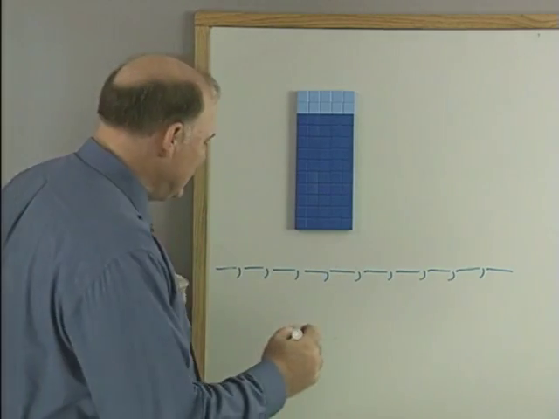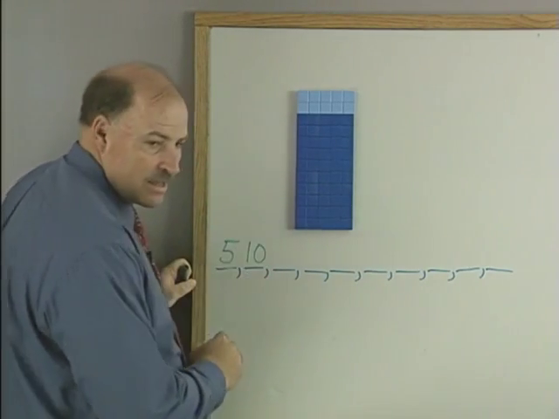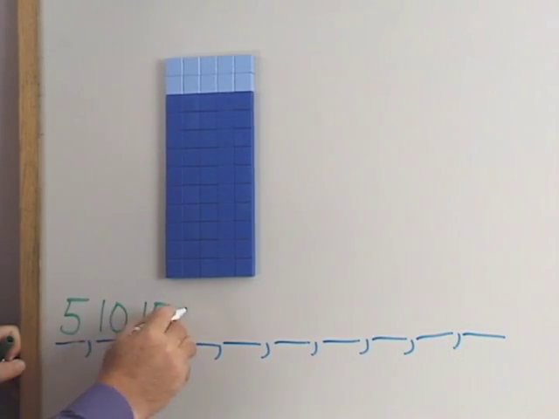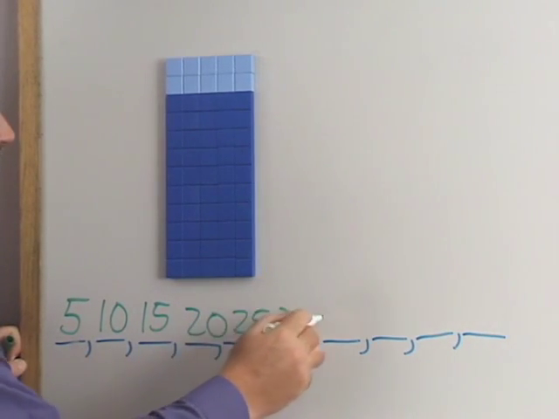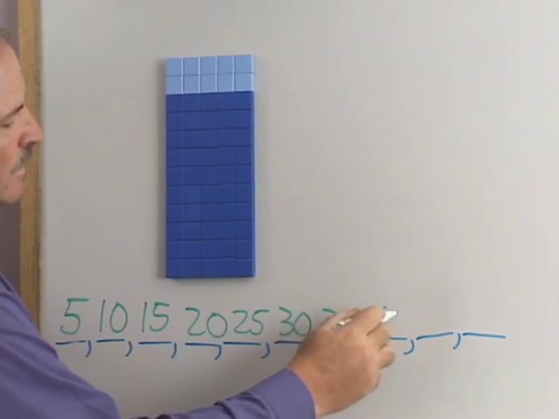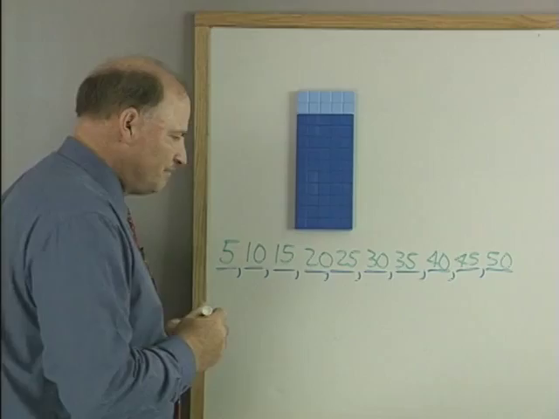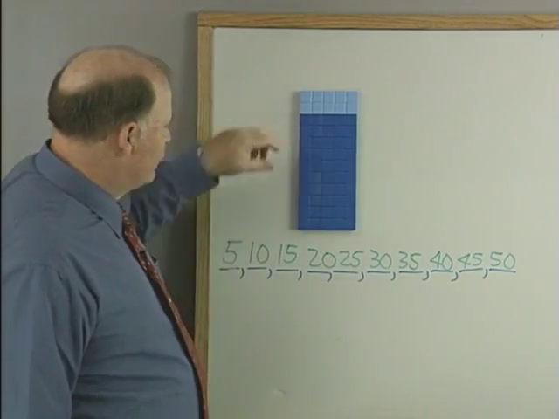Okay. Now, what do the fives always end in? They either end in a 5 or a 0. Notice how they always end in 5s or 0s. And this will help us when we get to multiplication. Which ones end in the 5s?